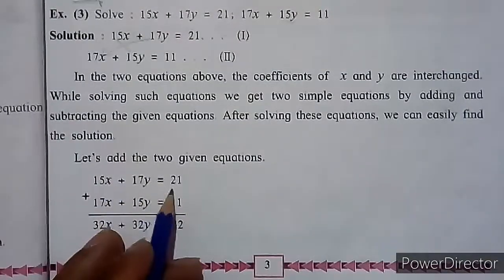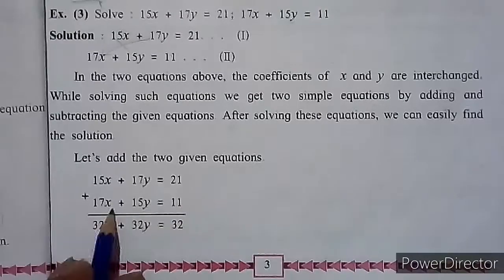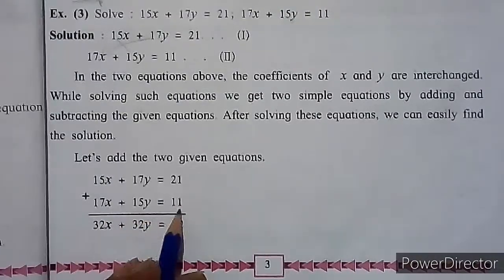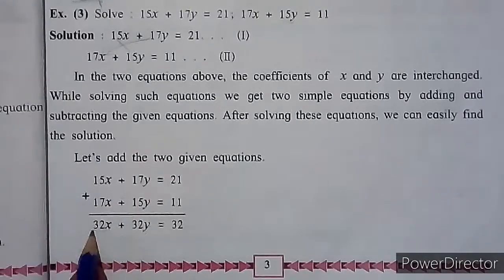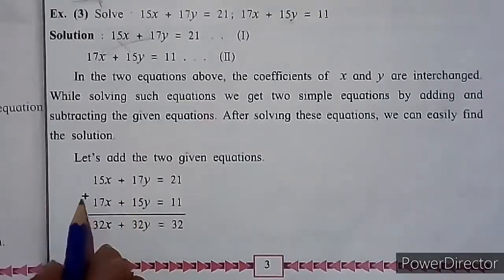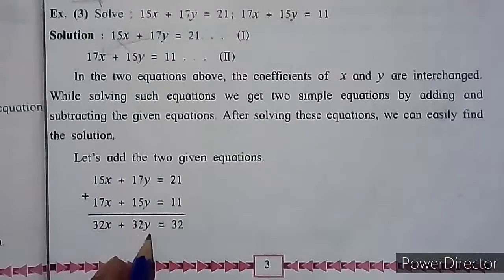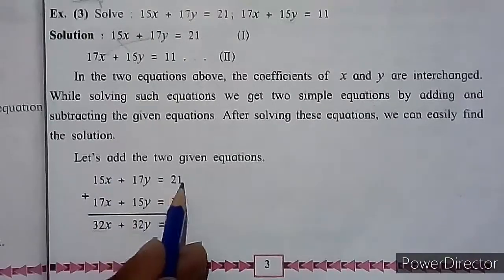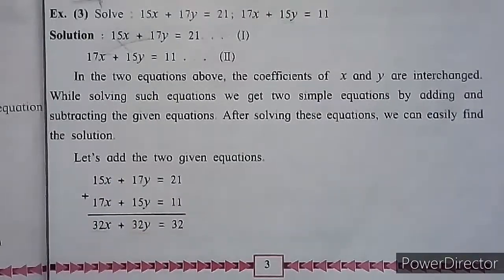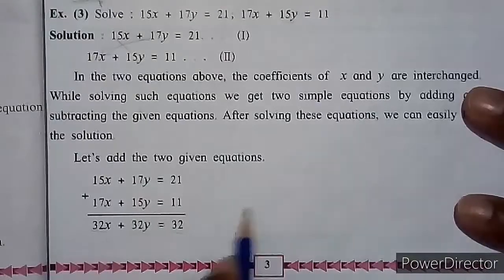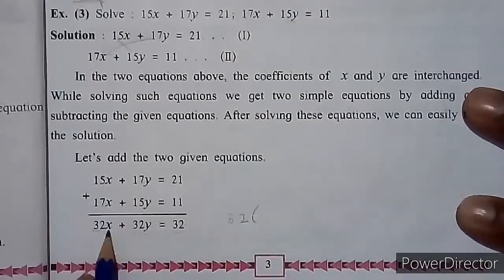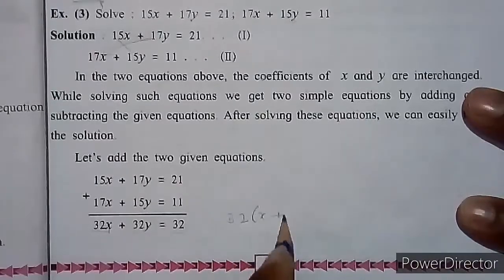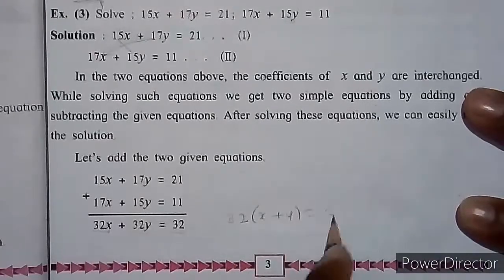Then 15x plus 17y equals 21 plus 17x plus 15y equals 11. Now 15x plus 17x is 32x, 17y plus 15y is 32y, and 21 plus 11 is 32. Here 32 is common, so taking 32 common outside, the remaining is x plus y equals 32.